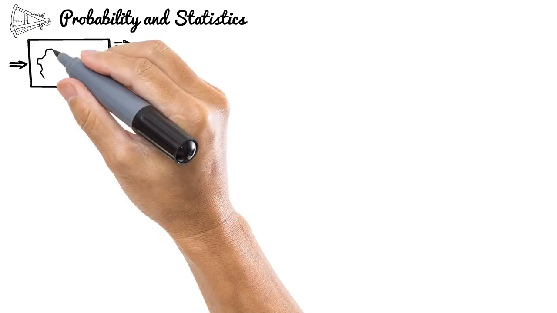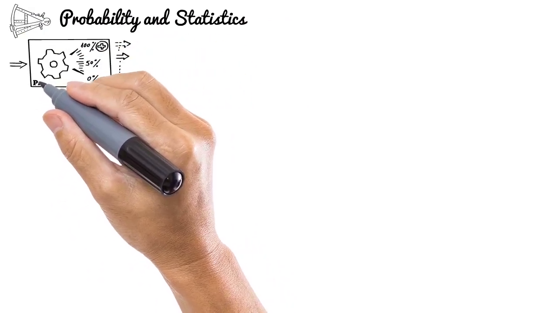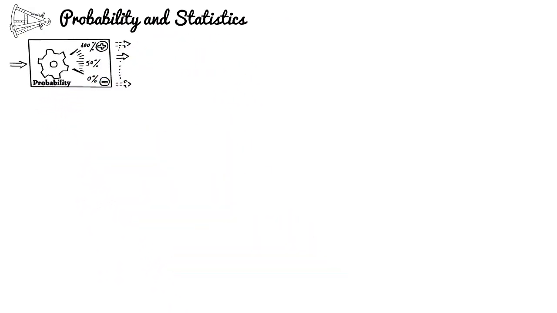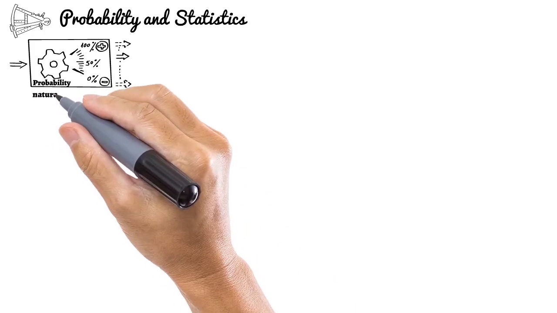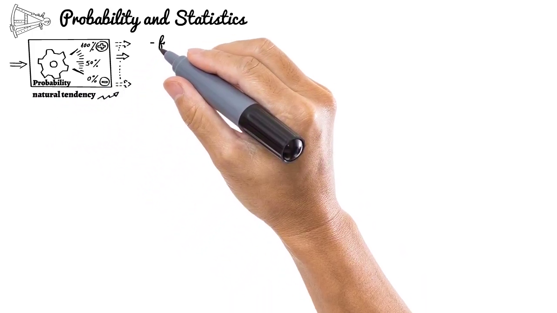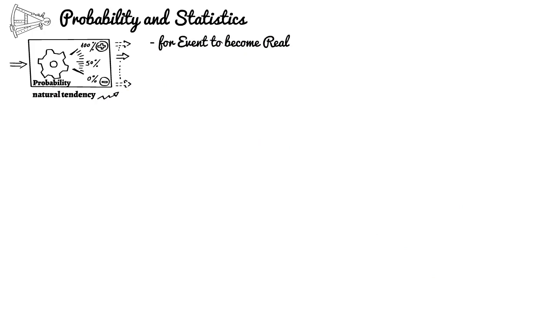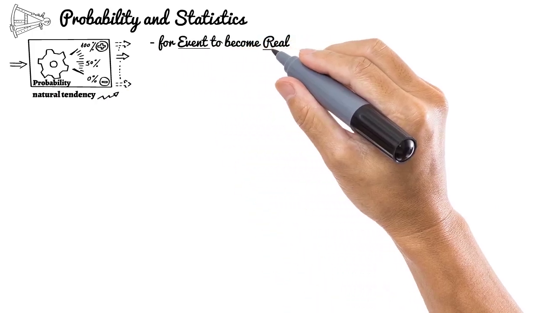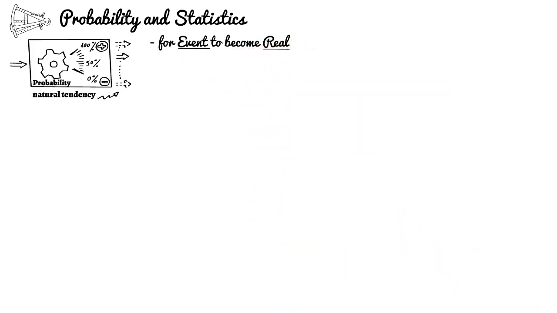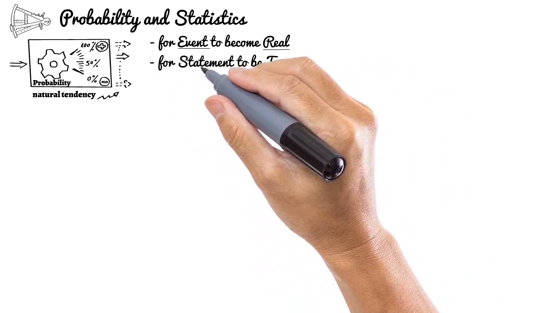On the level of common sense, probability means a chance or likelihood. Probability is a natural tendency for an event to occur or to become real, if we talk about events. If we talk about a statement or proposition, probability is the natural tendency for the statement to be true.